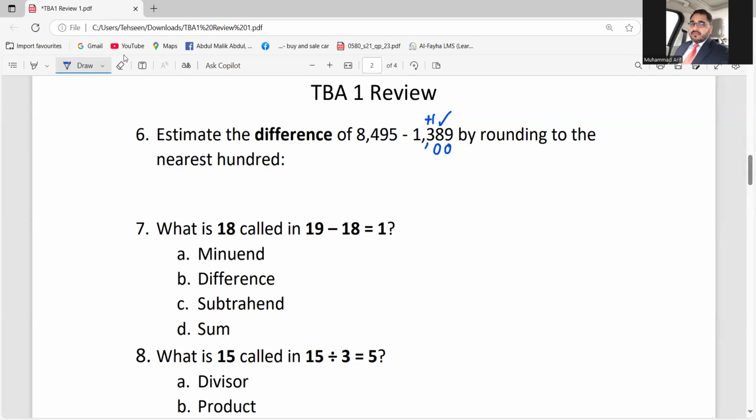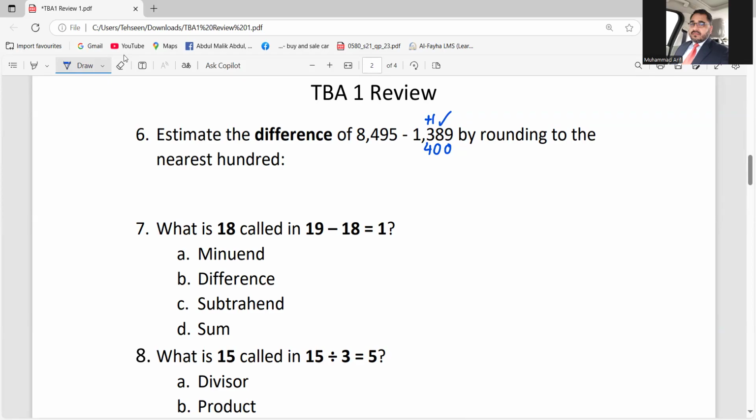3 plus 1 is 4. If the last digit is 8 here, okay? If this is in the lower bound, meaning here will be 0, 1, 2, 3, 4, then no need to add plus 1, okay? Then the next digit will be the same.